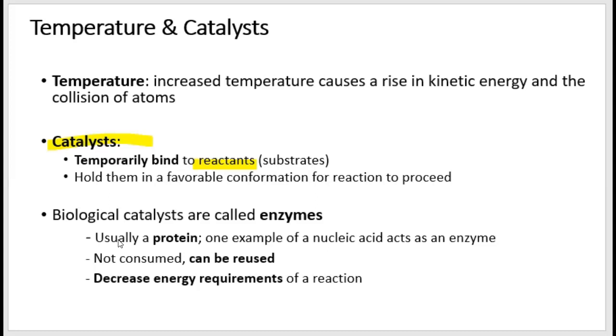Biologically speaking, these catalysts are called enzymes, and they're proteins. They can be reused over and over again, and what they're really doing is decreasing how much energy is needed for the reaction to occur.